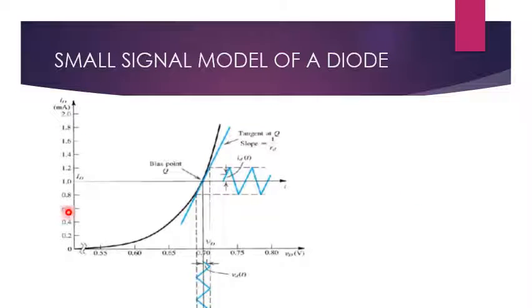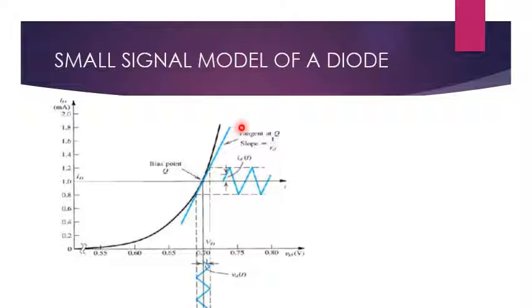Right. So this is your practical diode characteristic. An ideal diode will be linear only. You might have seen that the ideal diode characteristic is zero up to the cutoff region, and then it is a line over here.